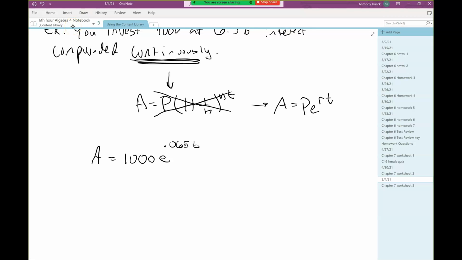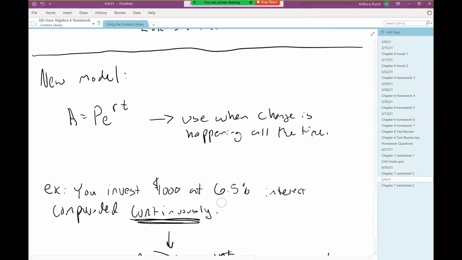So that's nothing really new. It's the same set of skills that we developed last time, right? We're just applying it. We just have a new formula or a new model that we can use also. You guys okay with that? The time where we use that new model is where that change is happening all the time.